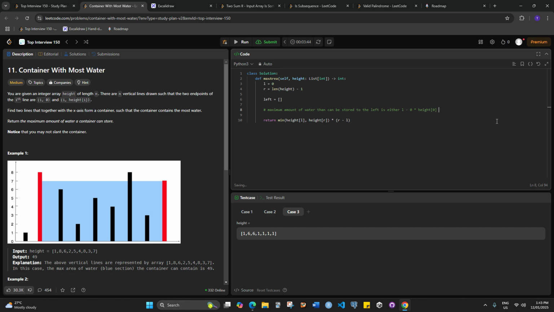There's always going to be that, or it's going to be between the current minus... for C in range 1 height. But how's that going to help solve the problem at all?